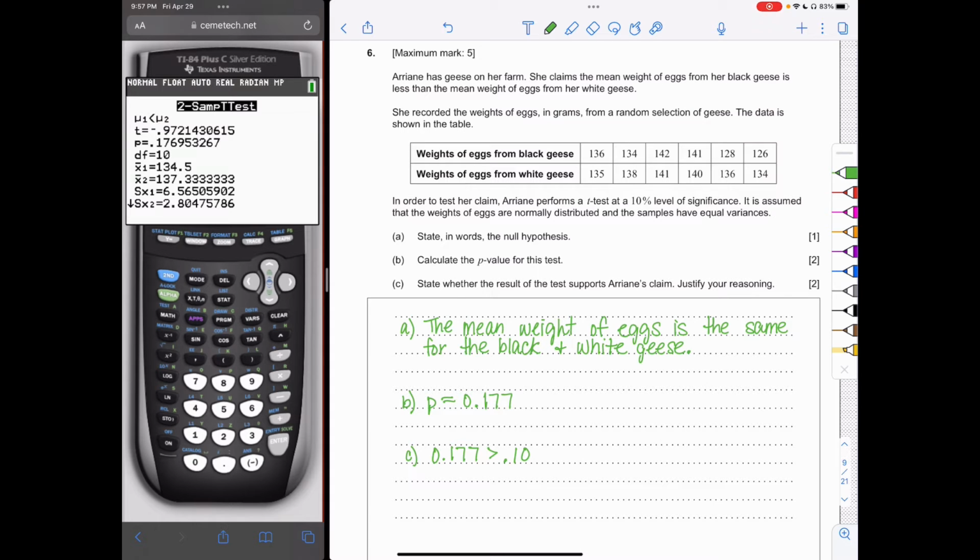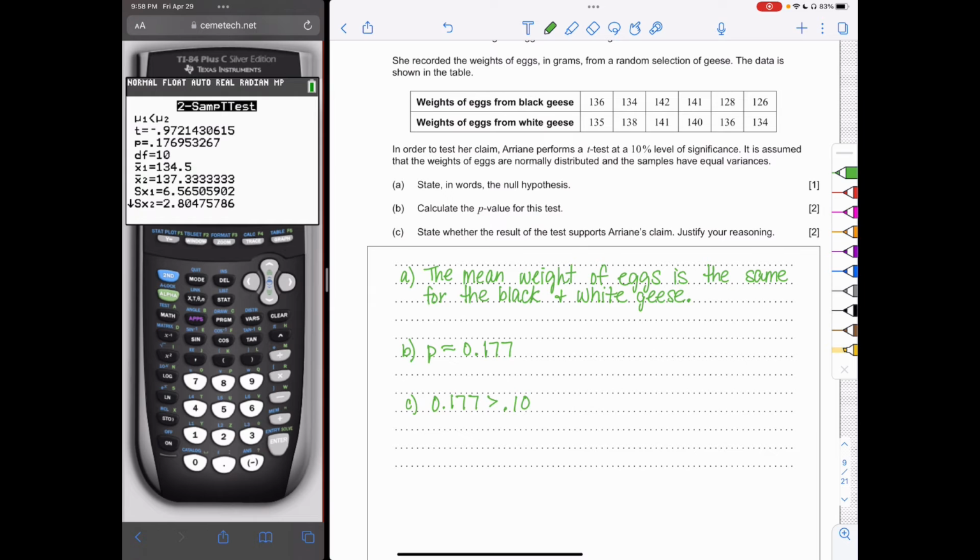So because it's greater than that, we can easily say that Arian's claim is not supported by the evidence, because anytime your p-value is greater than the significance level, we end up accepting the null hypothesis.